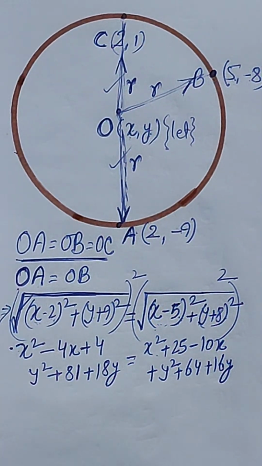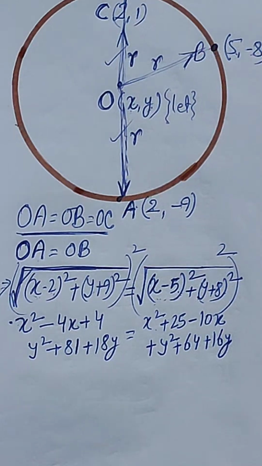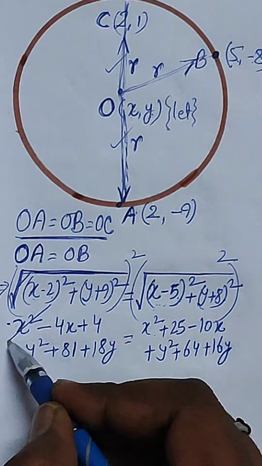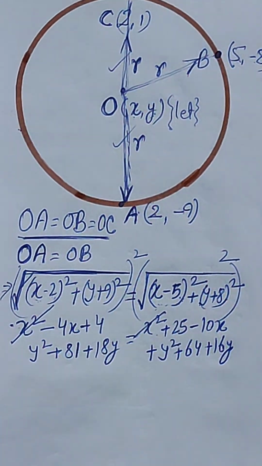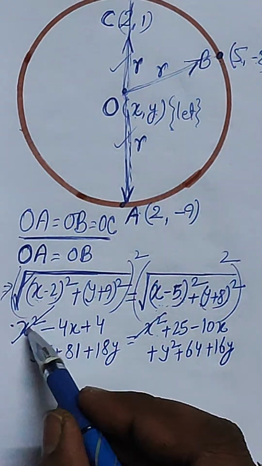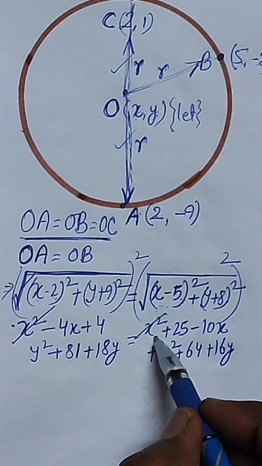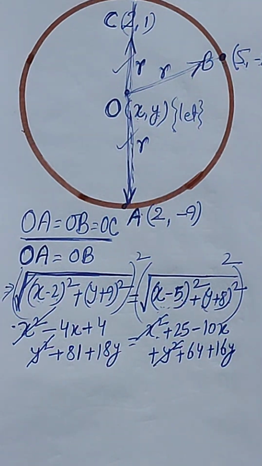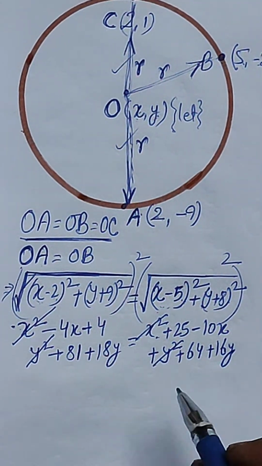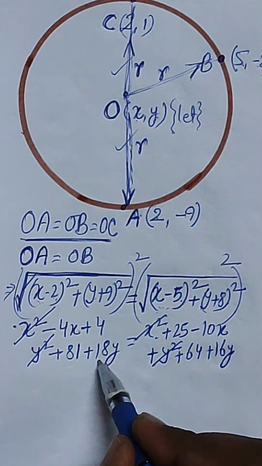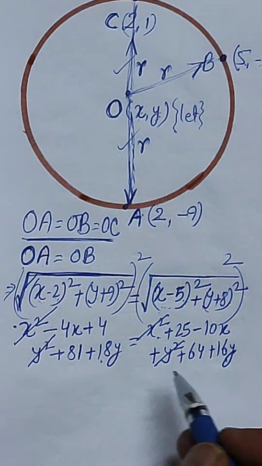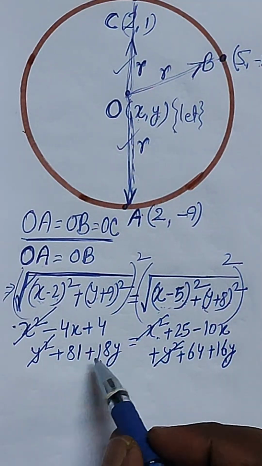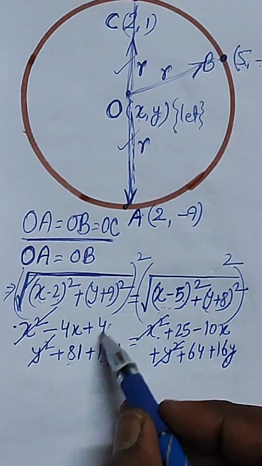So here, my dear friends, you can see that x square and x square will be cancelled out, because one is in the LHS and one is in the RHS. Similarly, y square will be cancelled out. Now what is left? 18y here and 16y here. Also 81 plus 4 is 85.